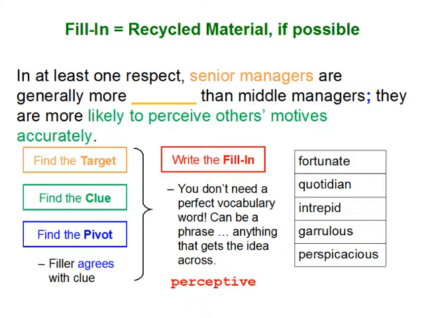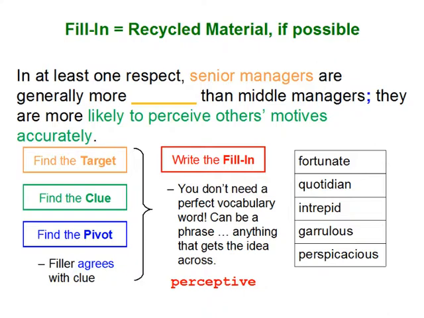So notice how these actually make some sense, and in many ways, they're more interesting than the correct answer. Just something to note here that the correct answer isn't going to necessarily be imaginative or interesting, but it will be necessary in the sentence. In other words, it will be clearly indicated by the sentence. So if you are likely to perceive, I know that means you are perceptive without a doubt.